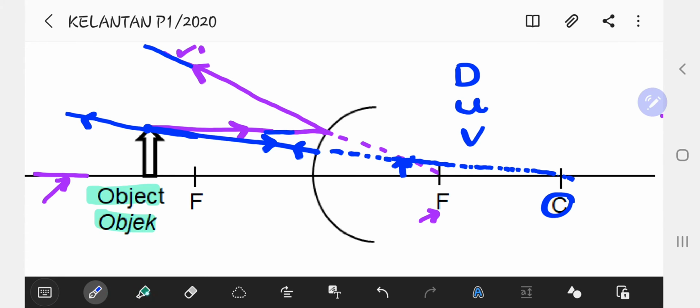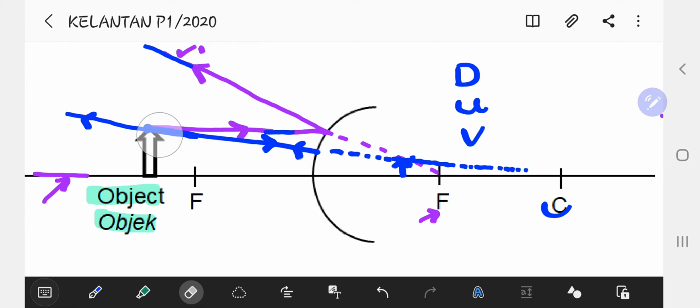So the first ray just now is from the head of the object parallel with the principal axis and then dipantul like that, as if it comes from F. So that is the first mark. The second ray from the head of the object to the center of curvature, but behind here use a dotted line.